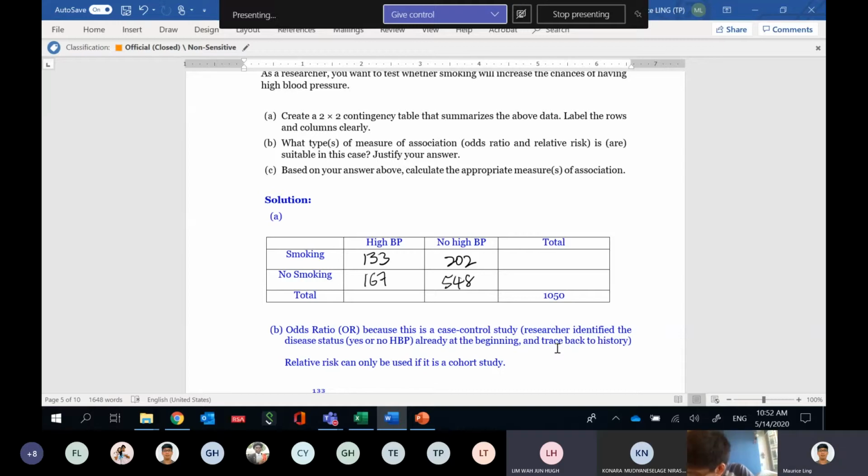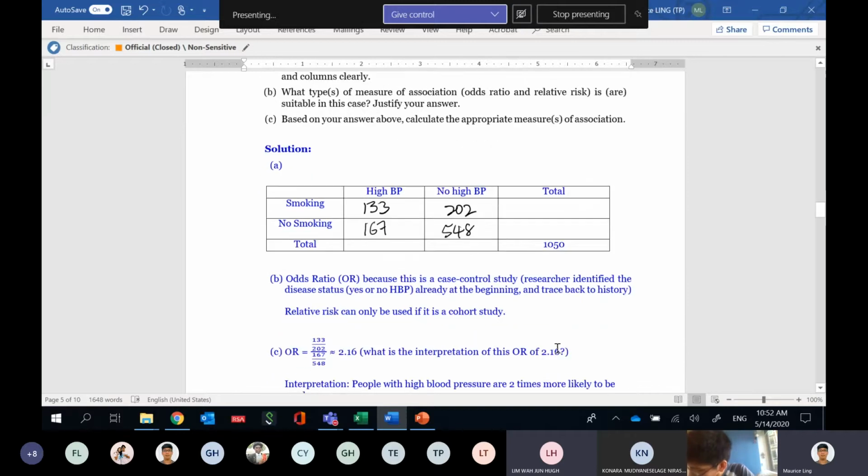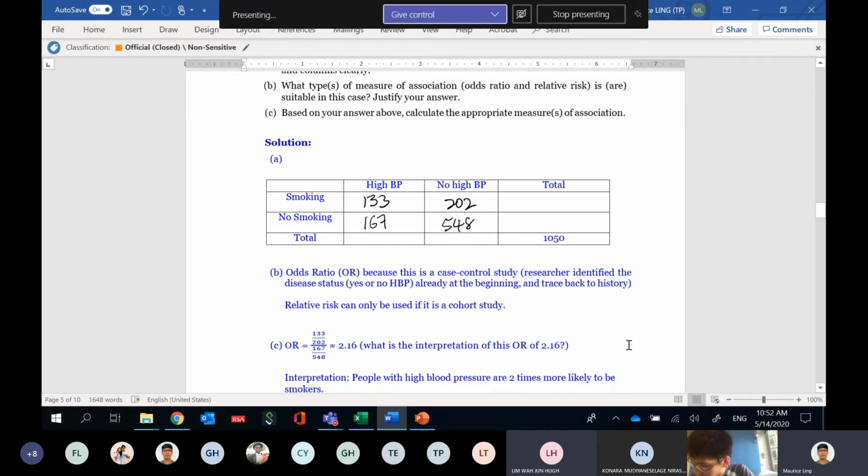Yes, 2.16. So it's essentially 133 over 202 divided by 167 over 548. So it's 2.16. Okay, so assuming I give you this table, can you calculate the relative risk? Try to calculate the relative risk.